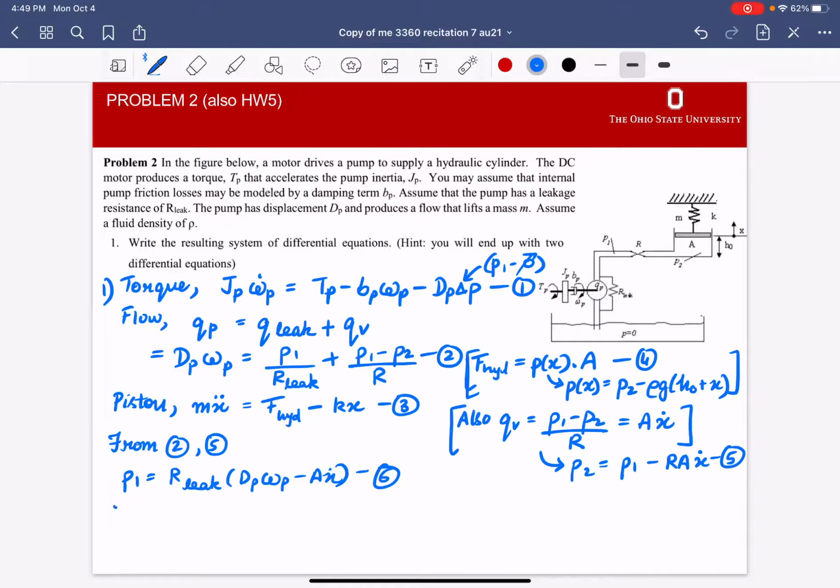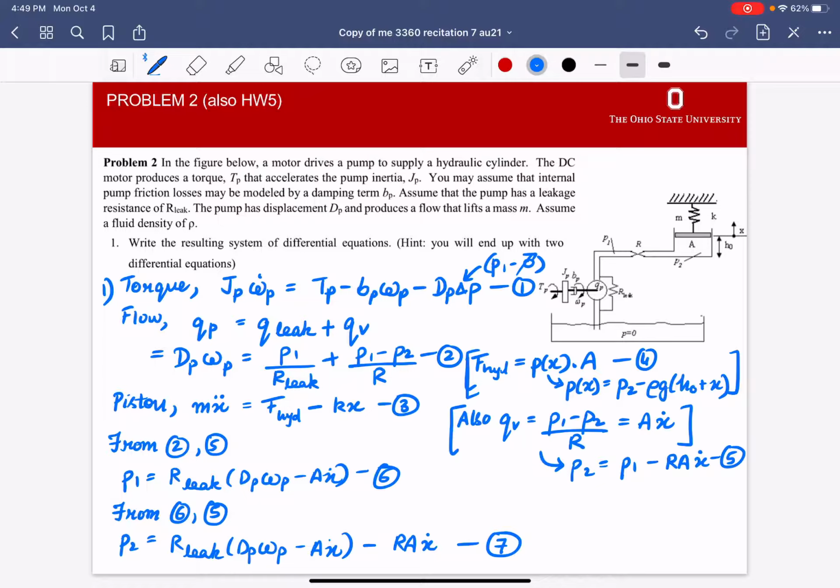So let's plug 6 into 5. So from equations 6 and 5, you will have... let's call this equation 7.